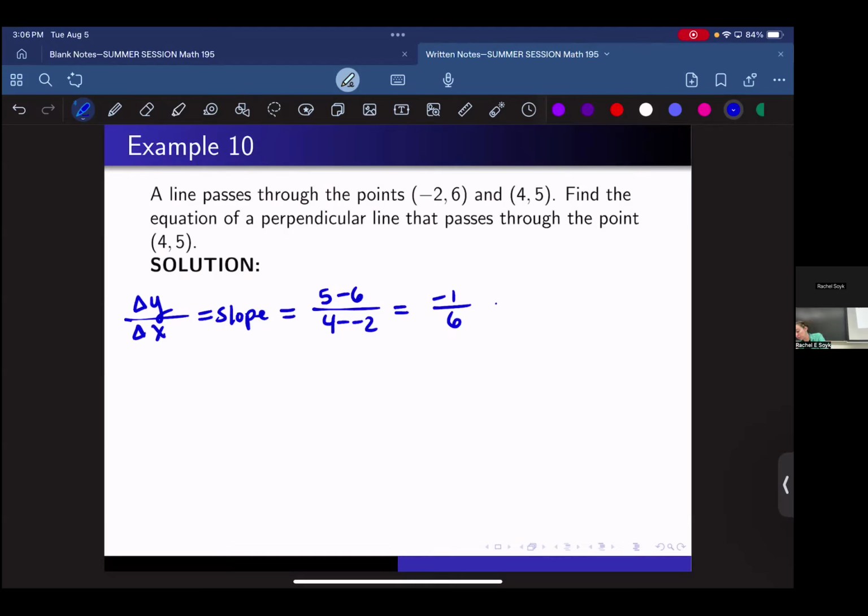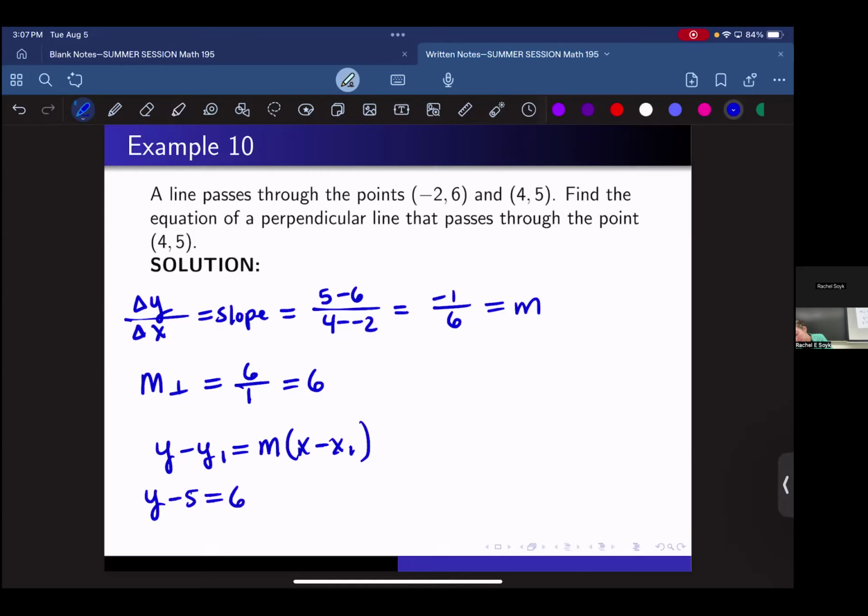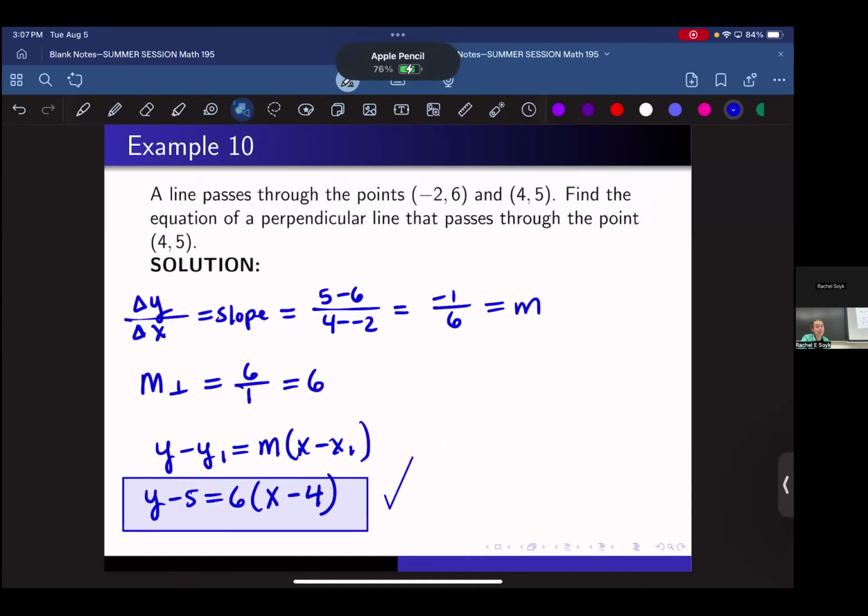So if this is your slope of the regular, your perpendicular is negative reciprocal, which is 6 over 1. And then passes through the point. Once again, use your point slope formula. Y minus 5 is equal to 6 in parentheses, x minus 4. And again, you can keep it in point slope unless they explicitly state to put it into slope intercept. But yeah. So that concludes this section.